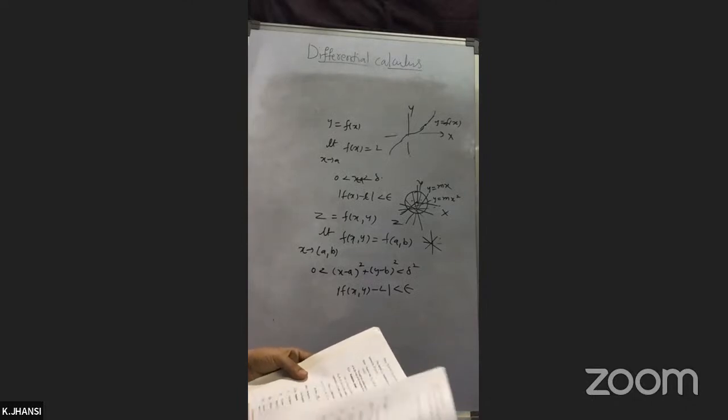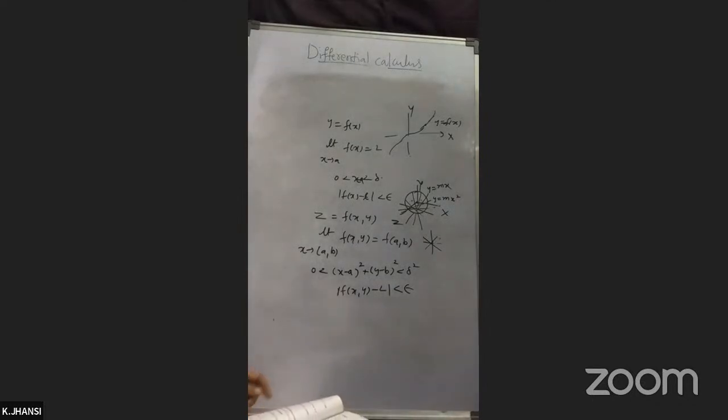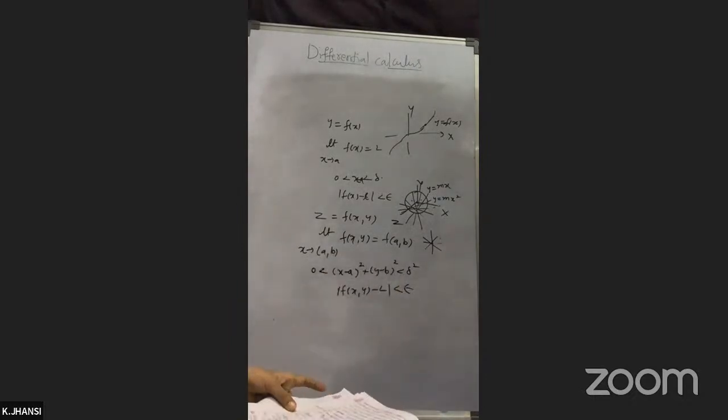Okay, let's see one problem on this, just to understand the concept of a limit of a function when two variables are given. The problem will be like this.